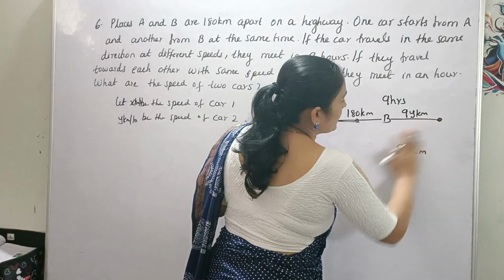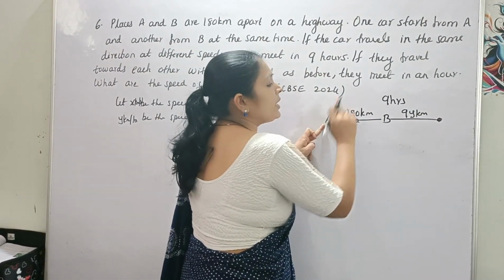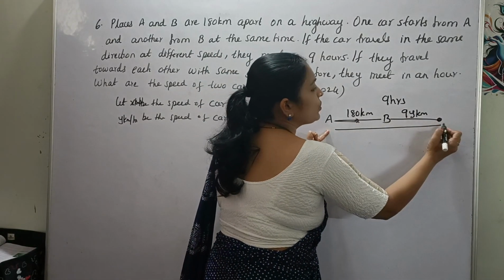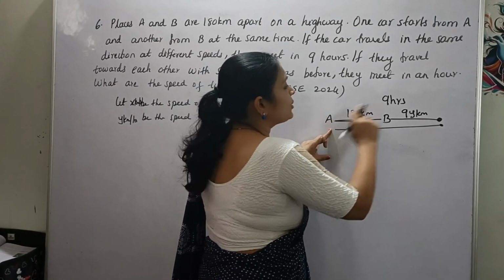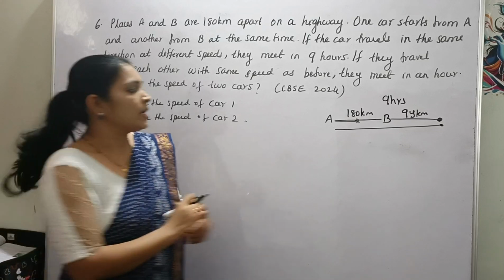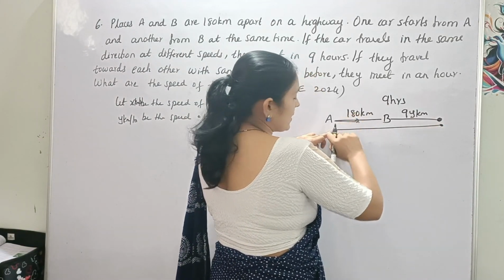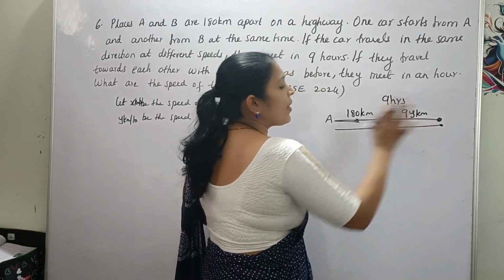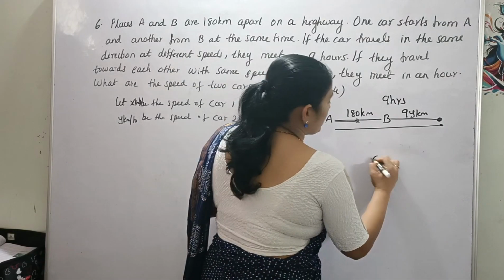Then next, here car 1 starts from here, right? And it takes 9 hours from here to here, because after 9 hours they meet each other. After 9 hours this car will reach here, right? So what is the distance? We know that its speed is X kilometer per hour.